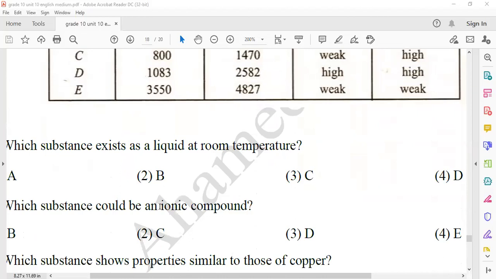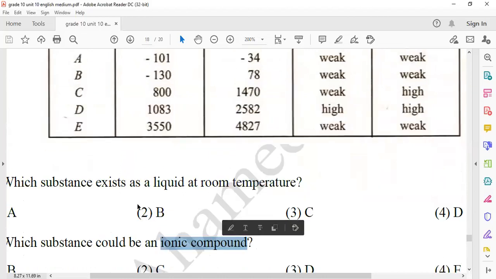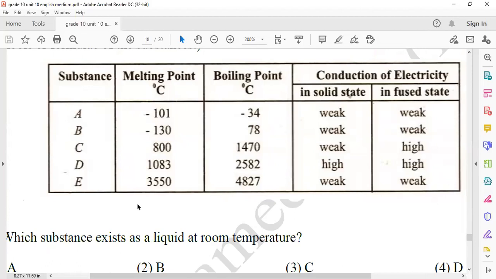Which one can be an ionic compound? An ionic compound is solid, liquid, or gas at room temperature? Solid. So out of A, B, C, D and E, who has the chance of being an ionic compound?